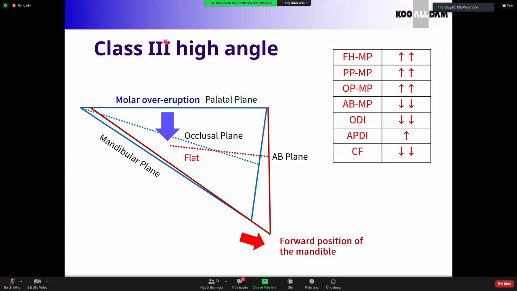So in class 3 high angle cases, there is molar over-eruption, and as a result we can see backward positioning of the mandible. So the ODI value is lower, the FPDI value is greater, and the CF value is lower.